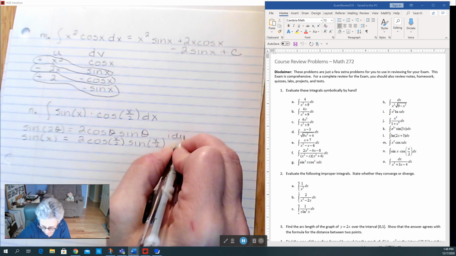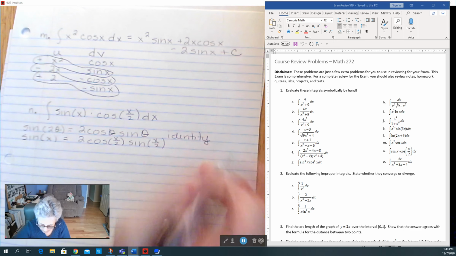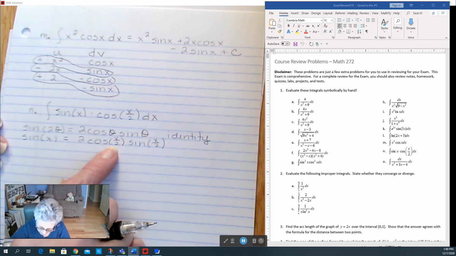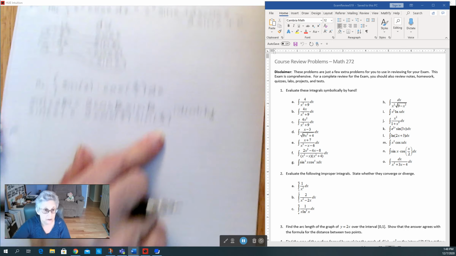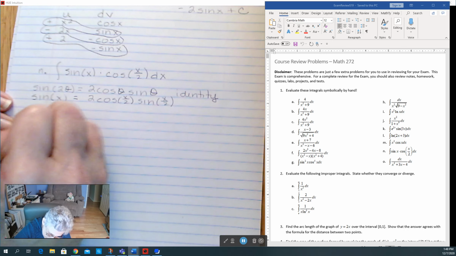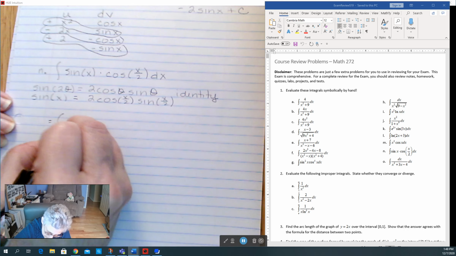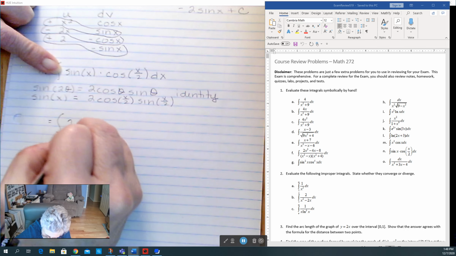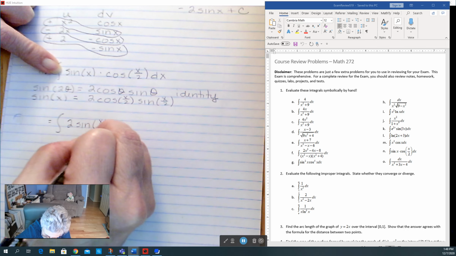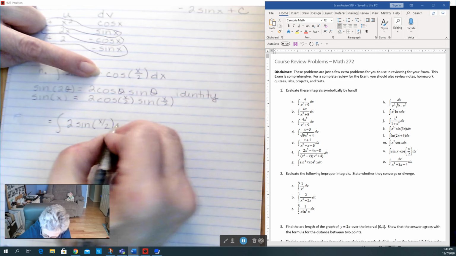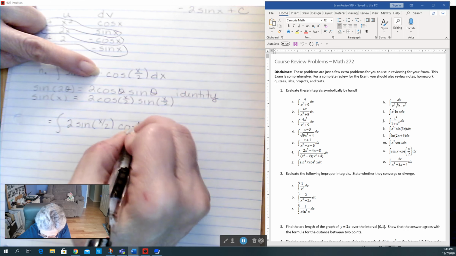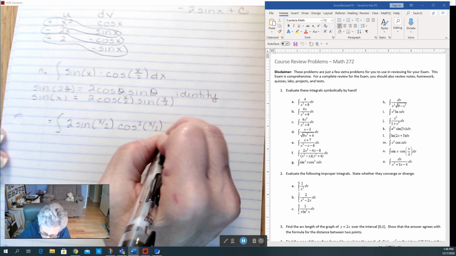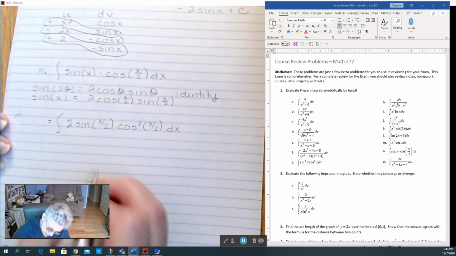That's the identity. And I replace 2 theta with x, so theta is x over 2. So now I have everything written with x over 2's. This is 2. I'm going to write sine first, and then I'll put the cosines together. Cosine of x over 2 times cosine of x over 2 is cosine squared.